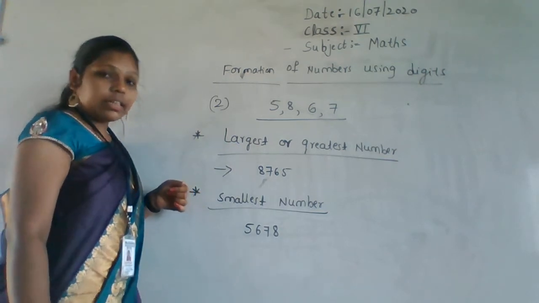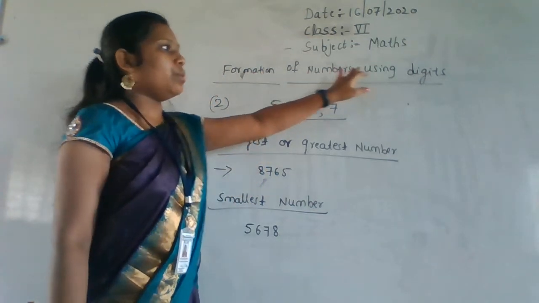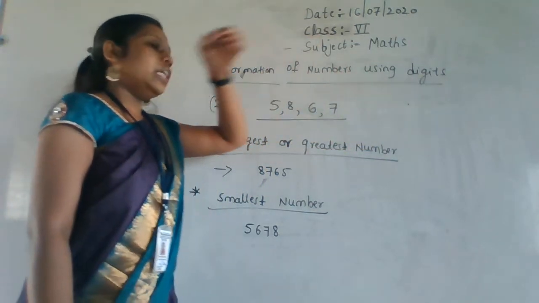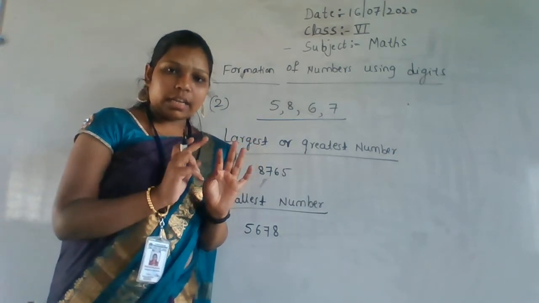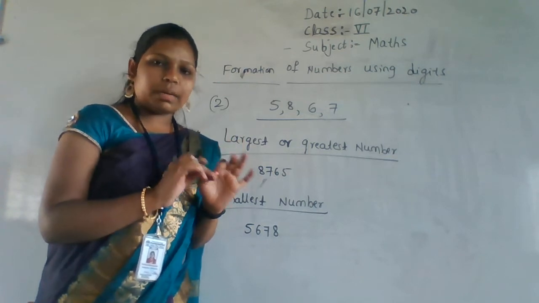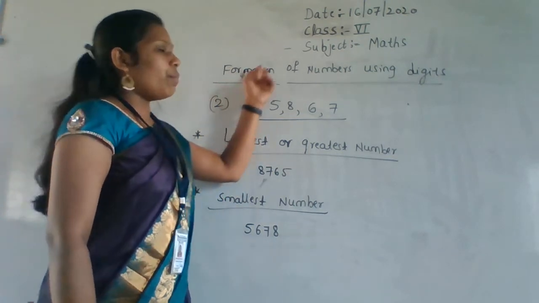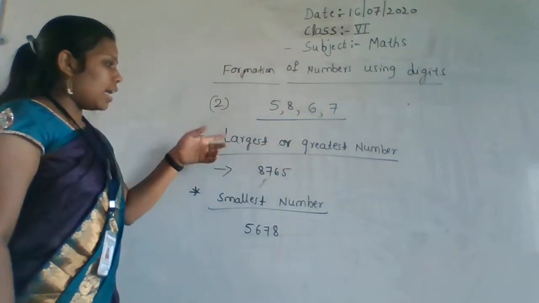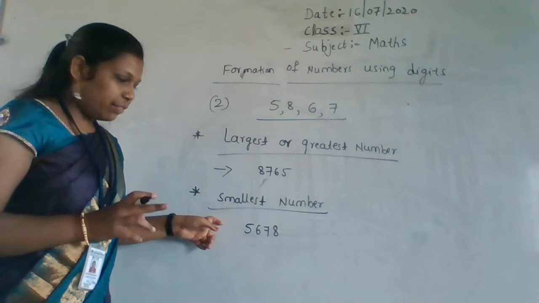Getting my point? If you are forming a number using the given digits, you have to remember or recall the ascending order as well as the descending order. If we know the ascending as well as the descending order, it is very easy to form the largest number as well as the smallest number, otherwise it's very difficult.